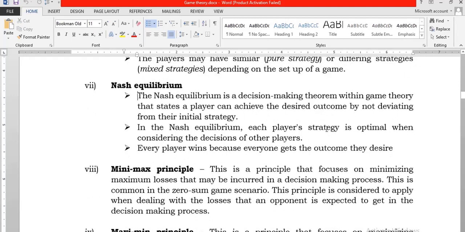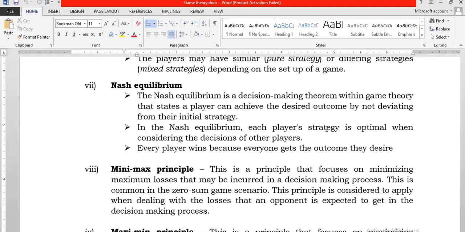A Nash equilibrium is a type of equilibrium in game theory which exists in such a way that two players have a strategy, but they don't wish to change their strategy because any other possible strategy that may exist does not lead to additional utility or additional value.